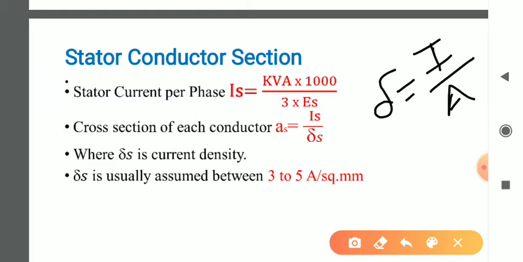In this case we need to calculate the area of the stator conductor, so we require the stator current density, denoted by del S. The stator current is Is, so the area of the stator conductor As = Is / del S.